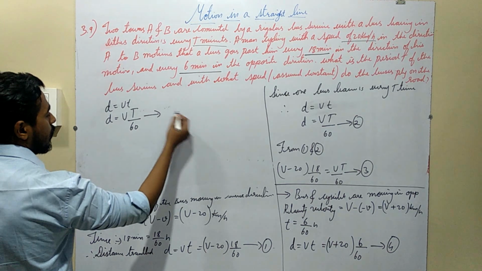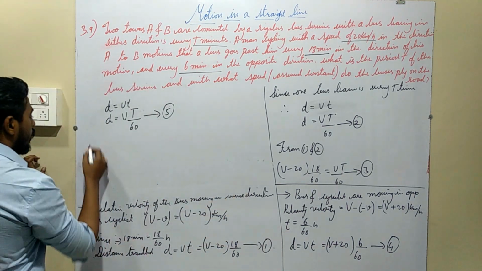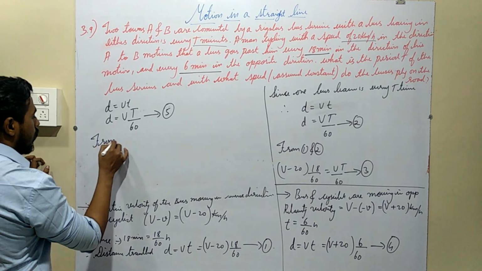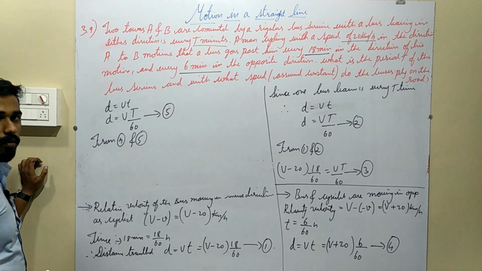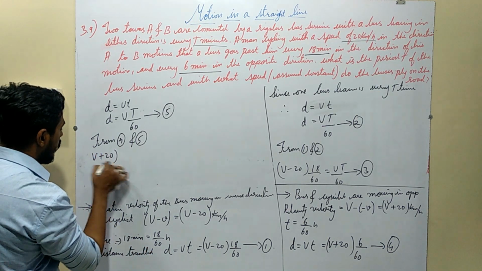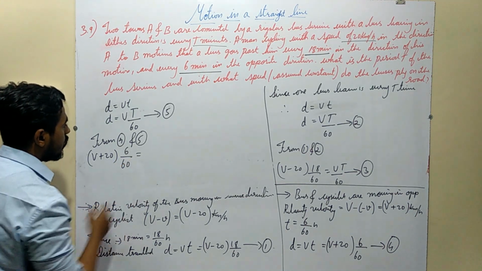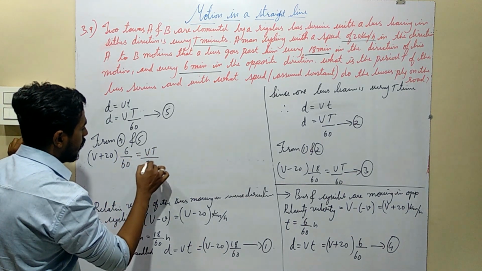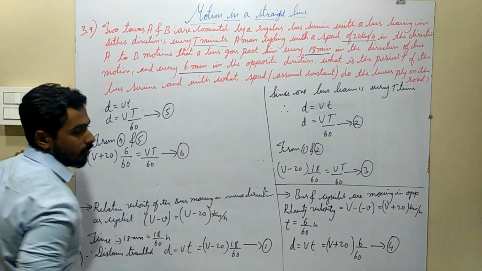Represent this as equation 5. Therefore from equation 4 and 5 we get v plus 20 into 6 by 60 is equal to Vt divided by 60. Give it as equation 6.